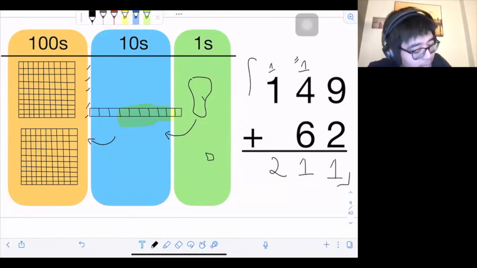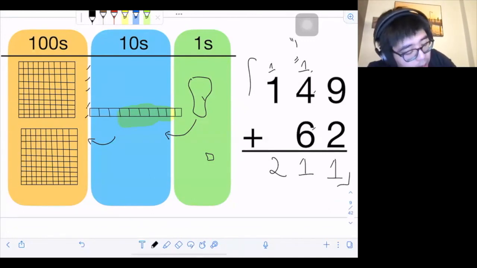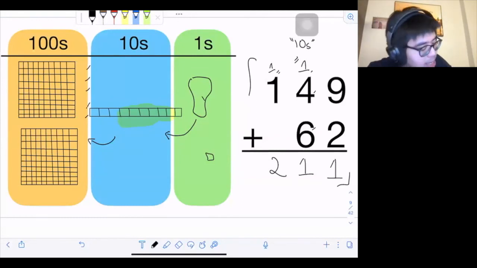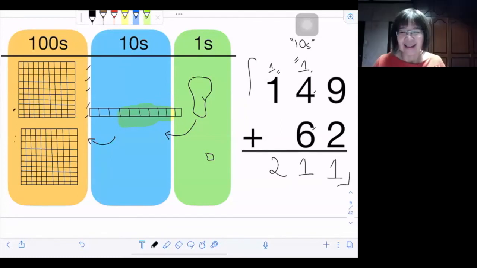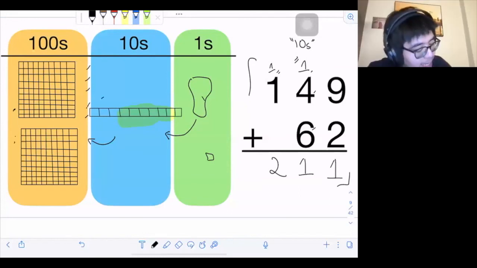At yan din yung pag-carry natin ng 1 plus 4 plus 6 of the tens. At yung carry 1, yan lang yung butaw na 100 na papunta dito sa 100s place. Kaya sa huli, we have 2 100s, 110, tsaka 11, kaya siya 211. Good.